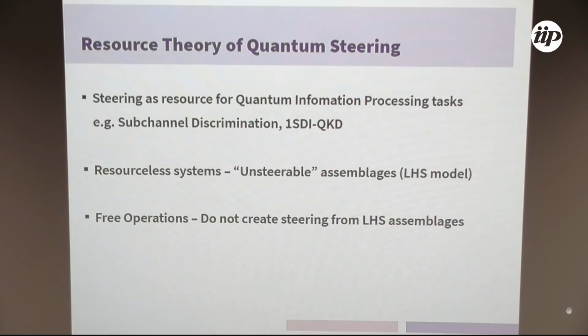And in this situation, I can formulate a resource theory for quantum steering by providing also the free operations, which are these operations that preserve my unsteerable system. So operations, type of mappings of quantum assemblages onto other quantum assemblages, which do not create steering out of resourceless systems.